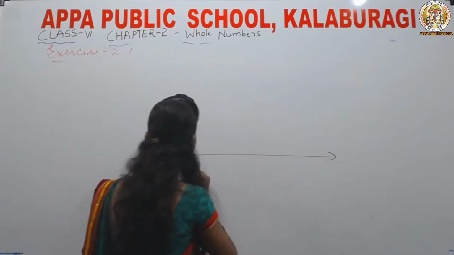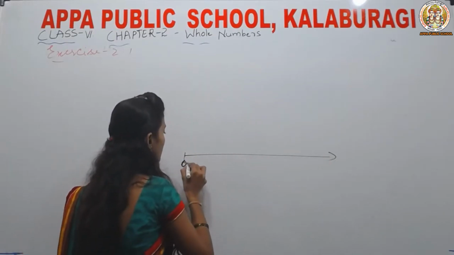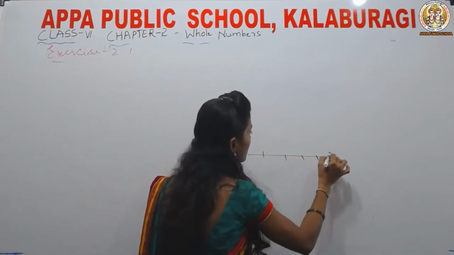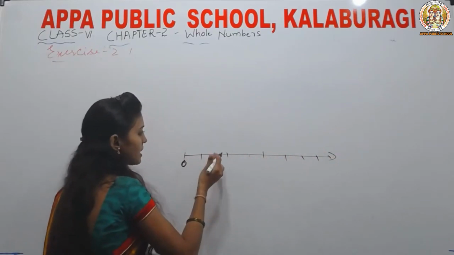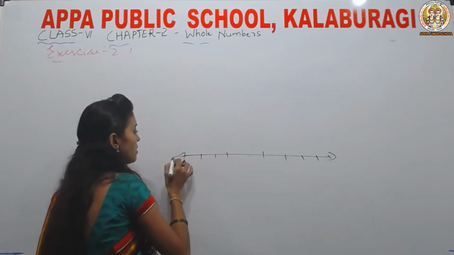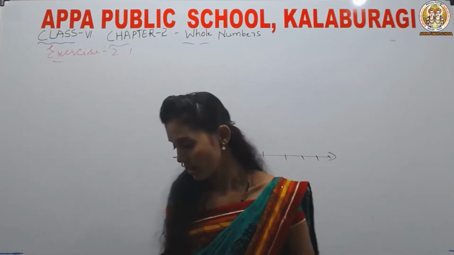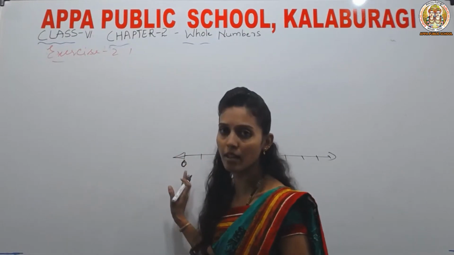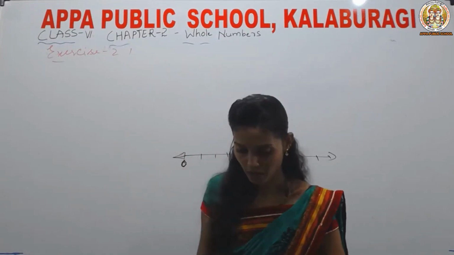See, if this is a number line, whole numbers start from 0, and these are the numbers.